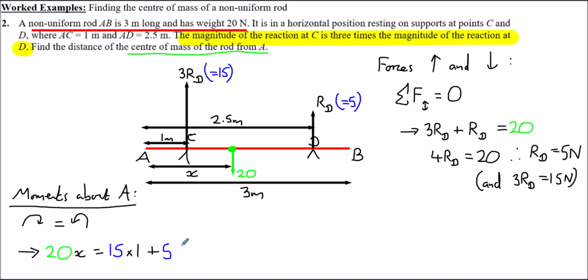So that's 5 multiplied by 2.5. So therefore, 20x will be 15 times 1 plus 5 times 2.5.